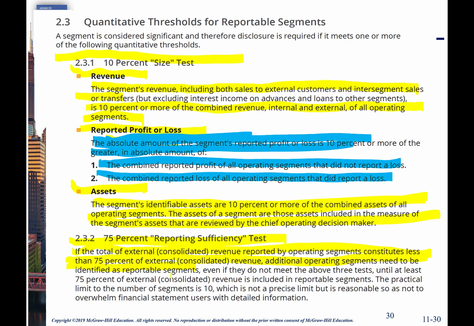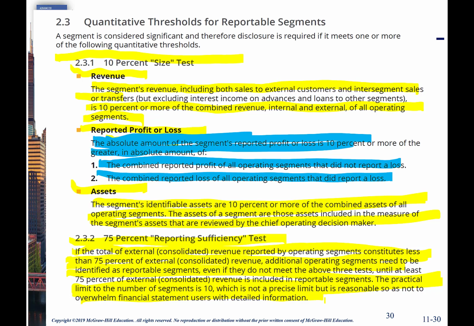Now, as a practical limit, they tell us 10 segments might be sufficient. In other words, if you start getting to a point where you have destroyed the understandability of the financial reports by providing too many segments, then stop. They don't give us a hard number, but they're saying 10 is not a precise, but a practical limit as to the number of segments you should report.